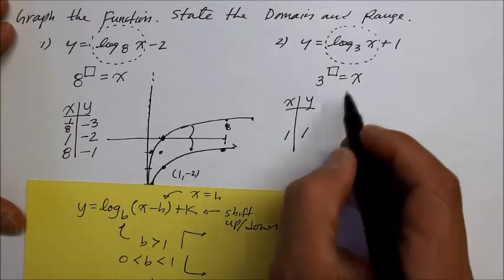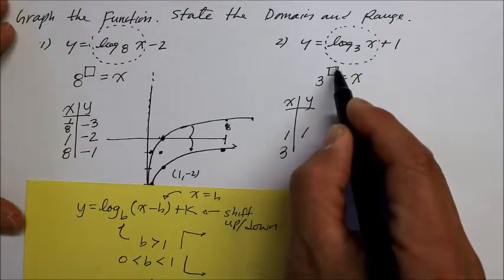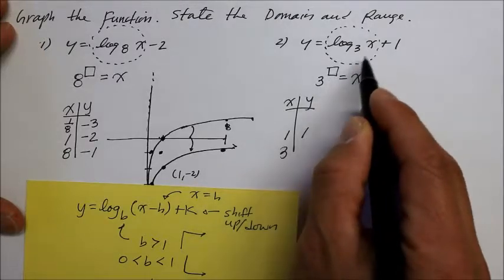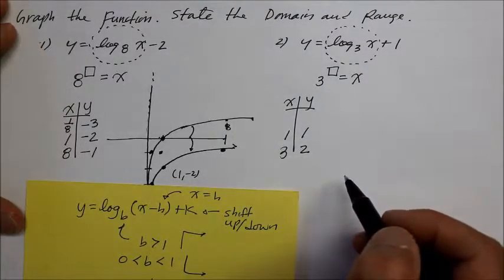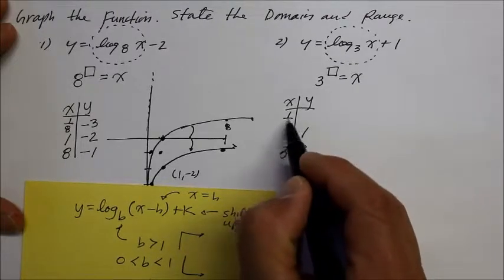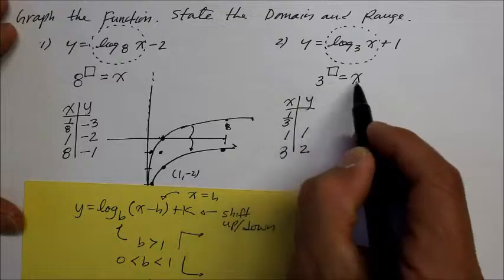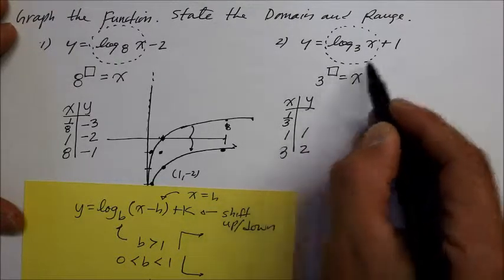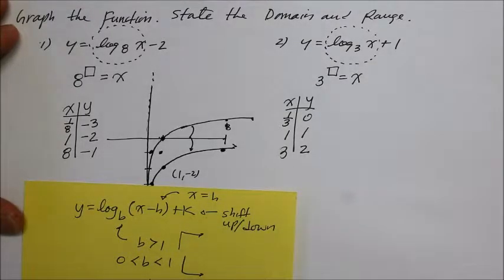Then the next number is of course 3, because base 3 raised to 1 is 3. But you take that exponent 1 and add it to the constant 1, and the y becomes 2. Did you choose 1/3? Smart! Because how does base 3 become 1/3? If the exponent is negative 1. And negative 1 combined with the positive 1 constant becomes a 0.